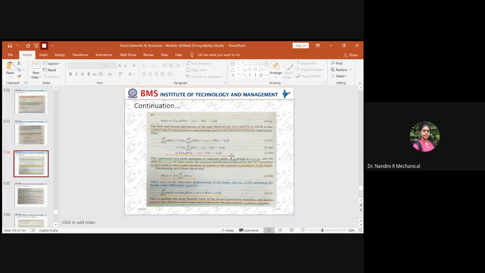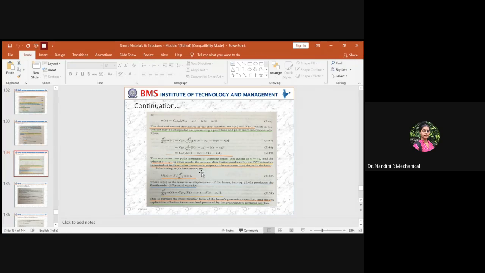So one moment will be in the clockwise direction and the other will be in the anti-clockwise direction. Clockwise you take as positive and anti-clockwise you take as negative, and hence you get two opposite senses.